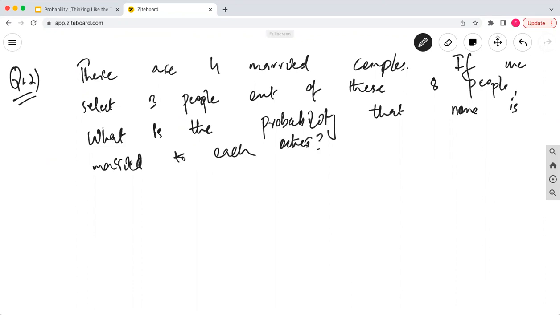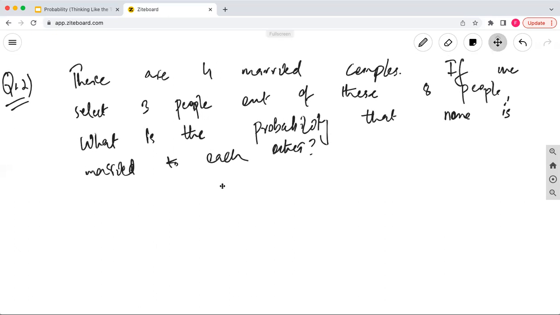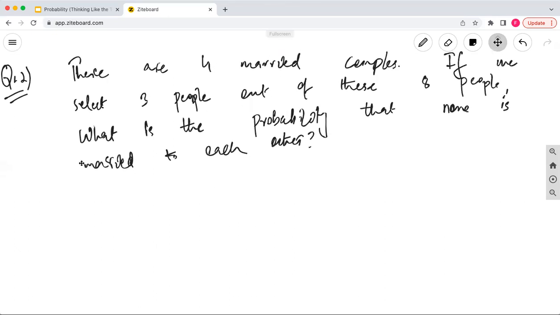Okay, this is again a simple question in which you have 4 married couples and you need to select 3 people out of those 8. So what is the probability that whichever persons you select, none of them are married to each other? This might seem a tricky question, but let's try to figure out what is actually happening here.